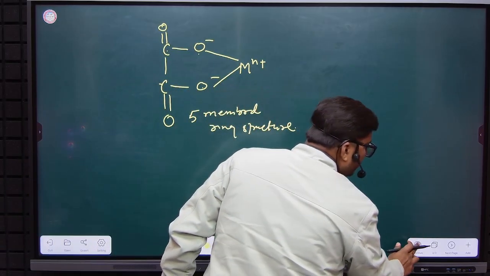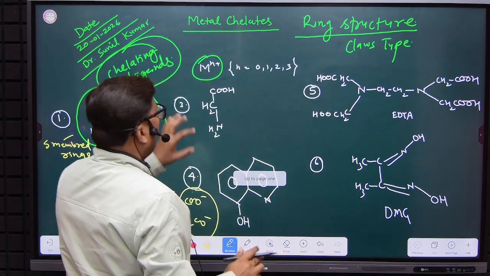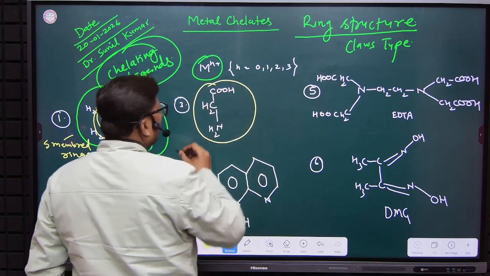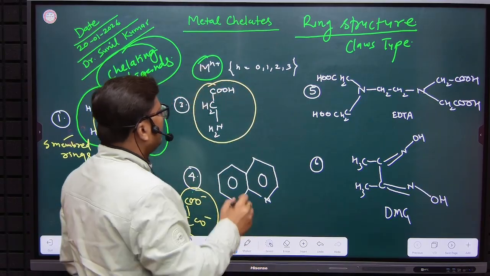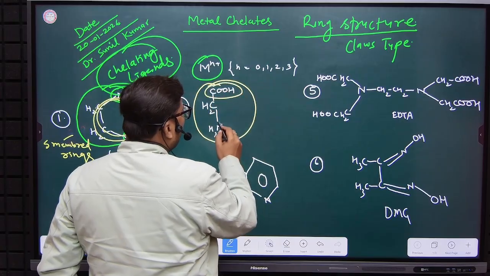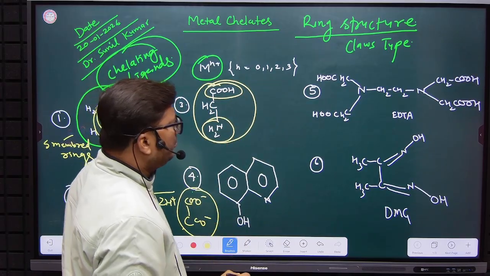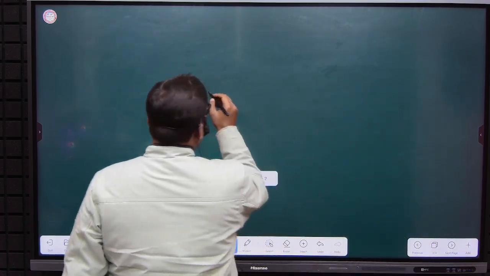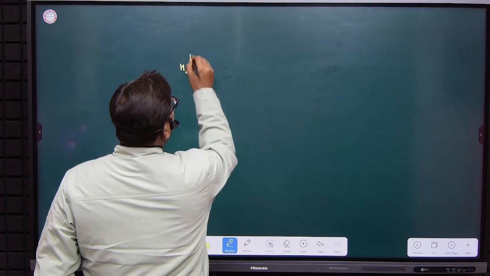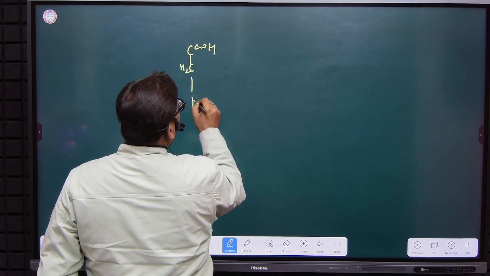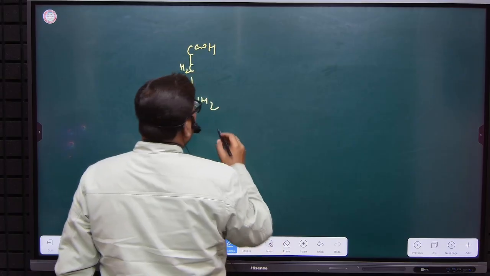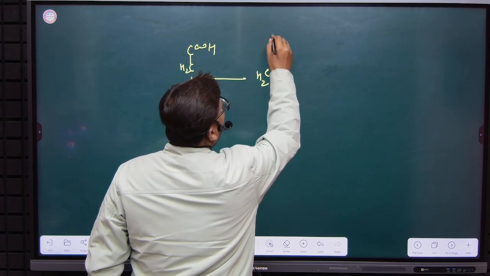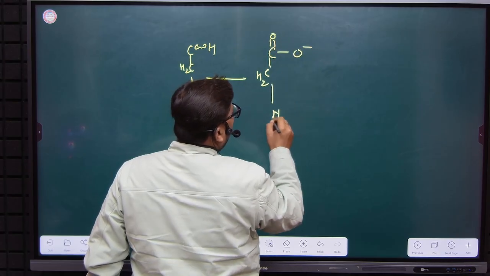Another example is glycine. This is your glycine. Here one acidic group, that is COOH, and one functional group, that is amine NH2, form a complex, that is H2C, COOH, NH2. After deprotonation, CH2 C double bond O minus and this NH2.